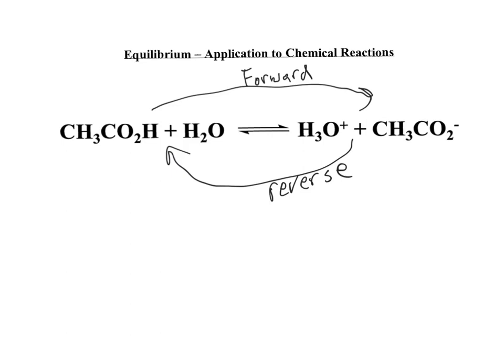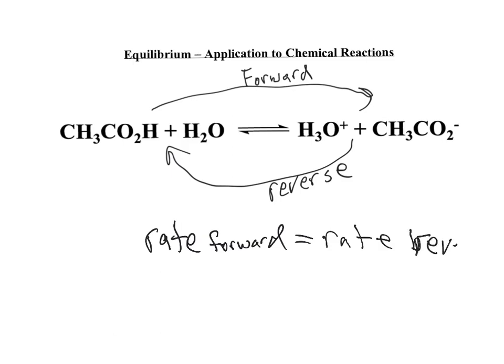And when equilibrium is reached, the rate of the forward direction is going to equal the rate of the back reaction, or the reverse reaction. And quite frankly, that is the point where we reach equilibrium.